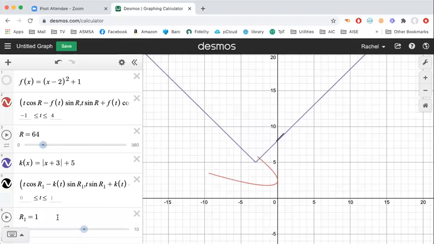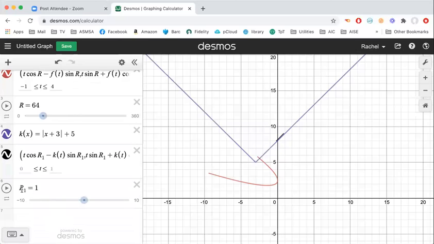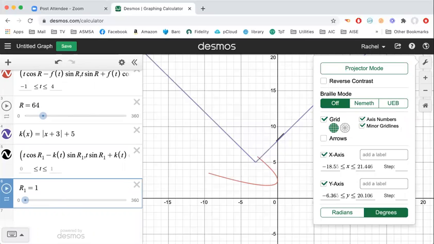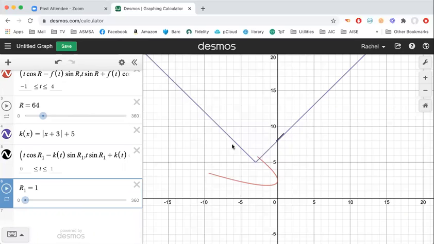I now have a new slider for r sub 1. Set that up again. And you should still be on degrees. Once you set to degrees, it stays on degrees.